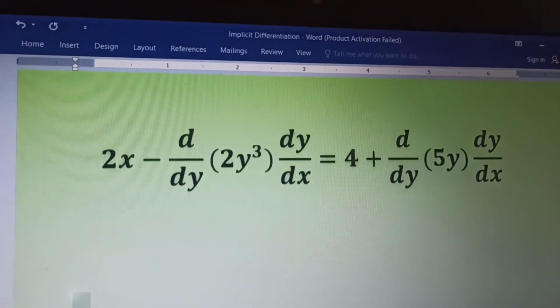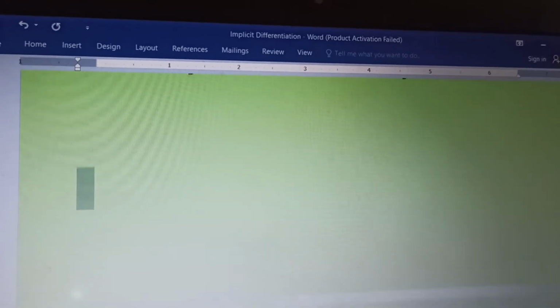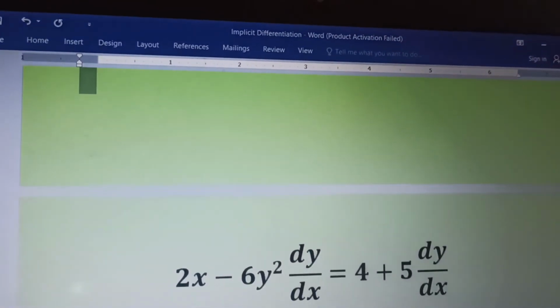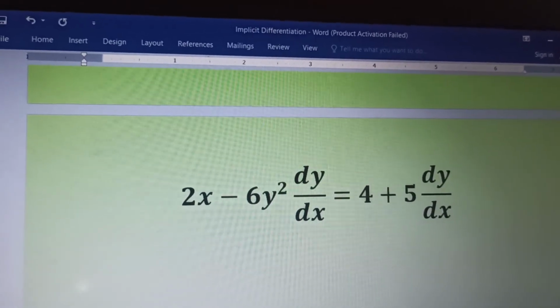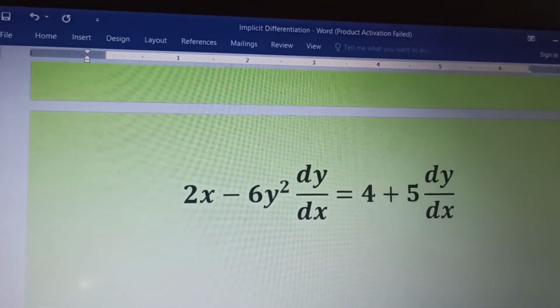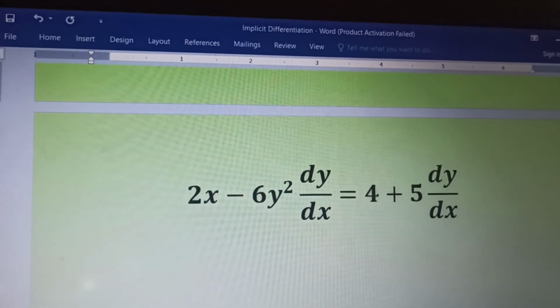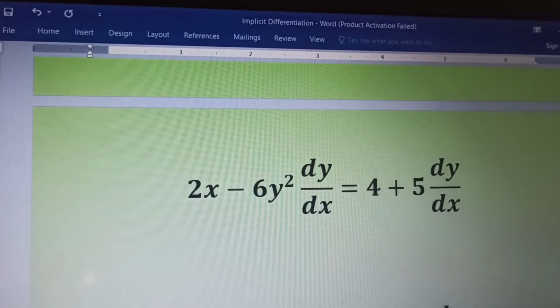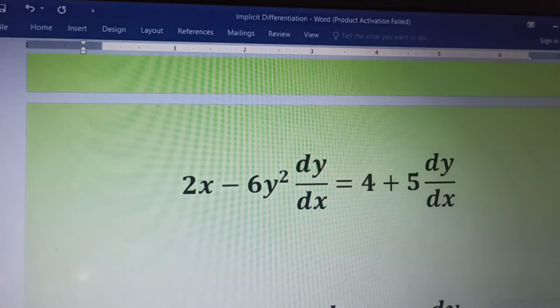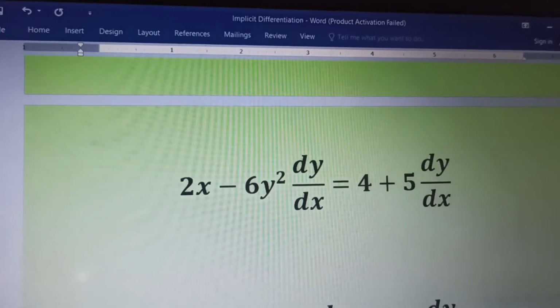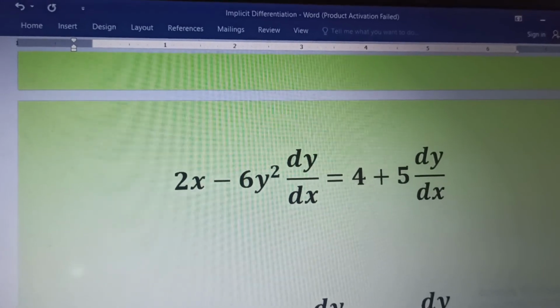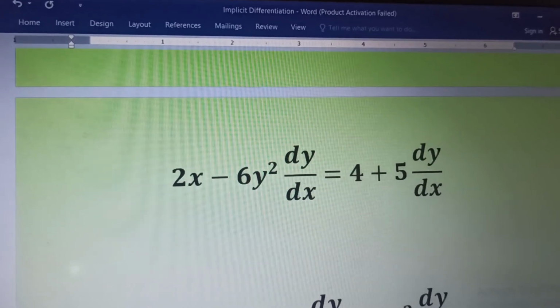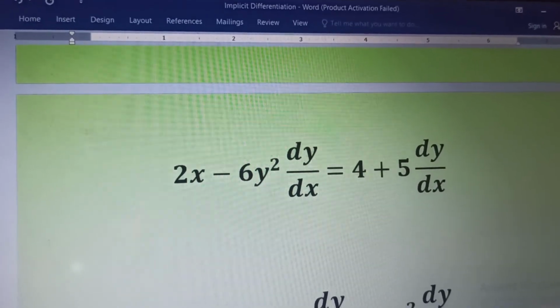So in the next line we have 2x minus, now we have differentiated the term in the middle with respect to y, and we have 2x minus 6y squared dy dx equal to 4 plus 5 dy dx.